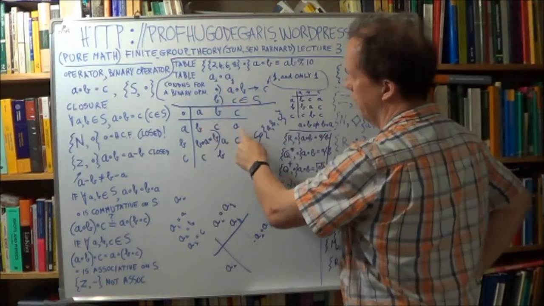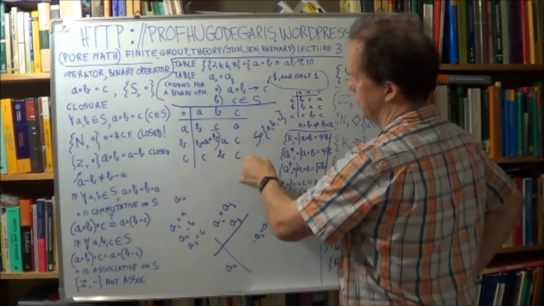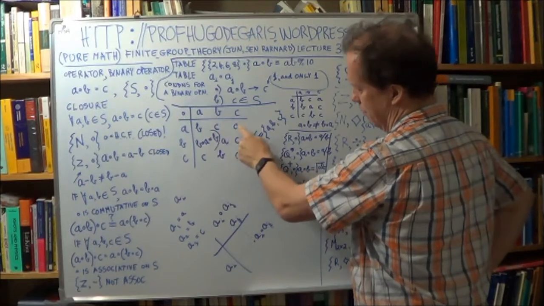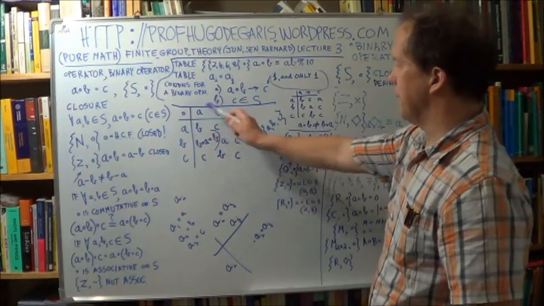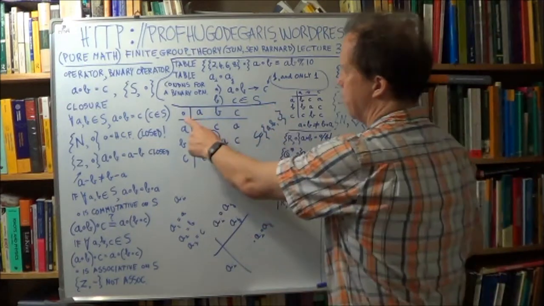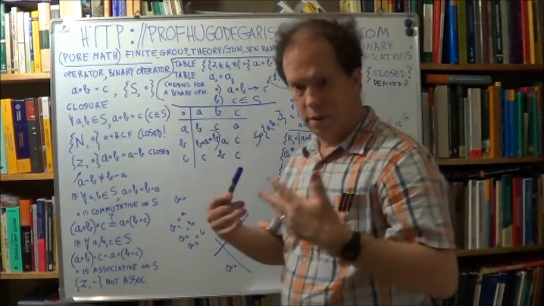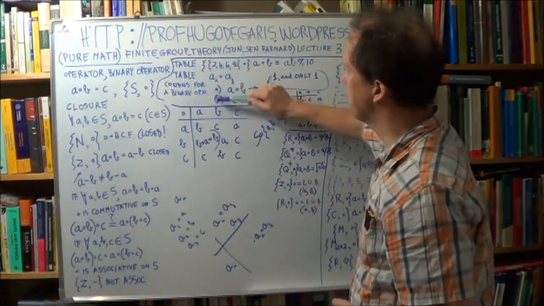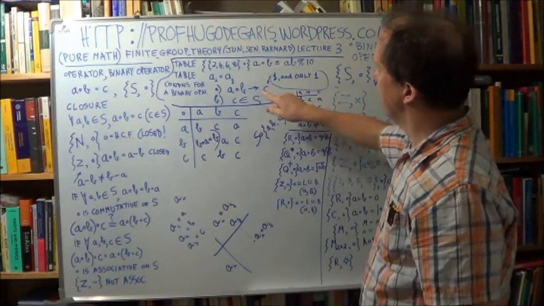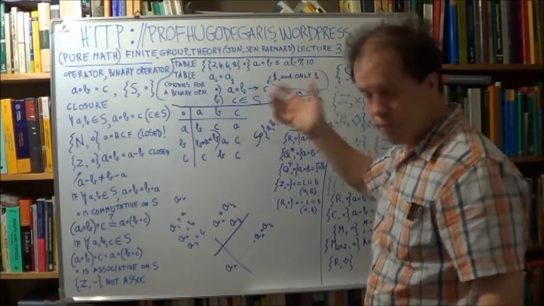There's one and only one result each time, and each result belongs to the set. So that binary operation on that set is well defined, and it is a binary operation according to these two criteria.